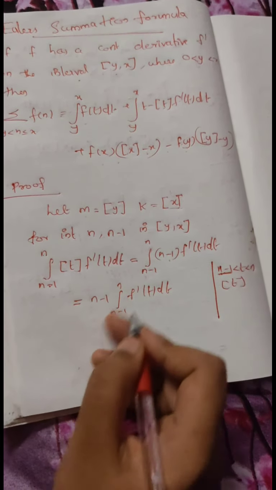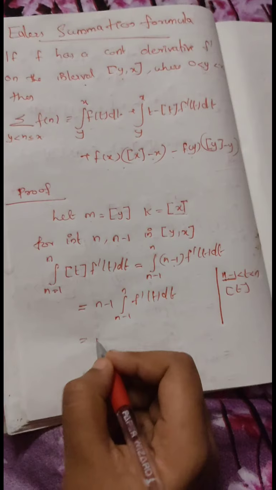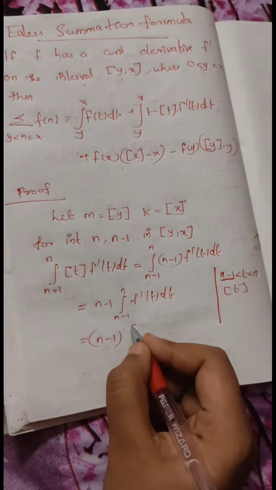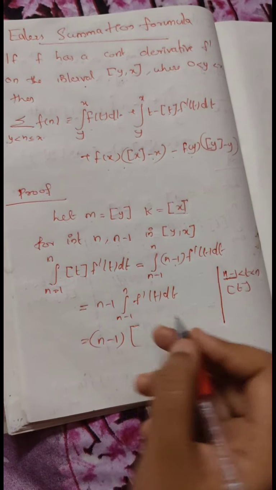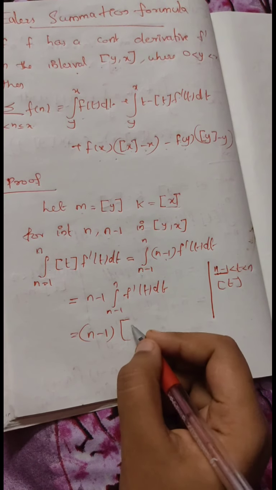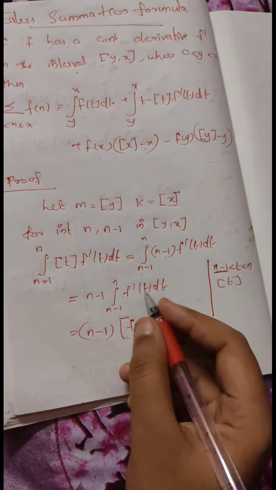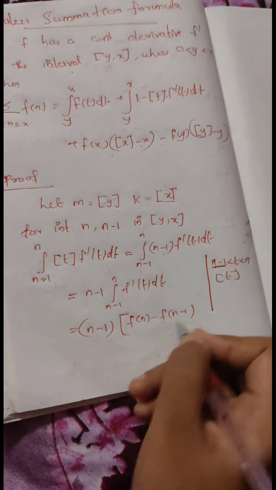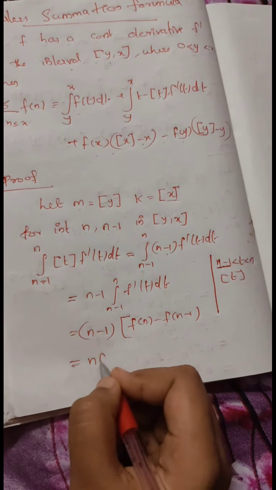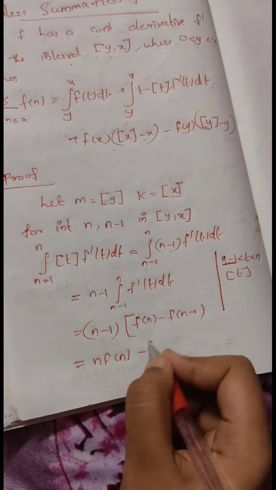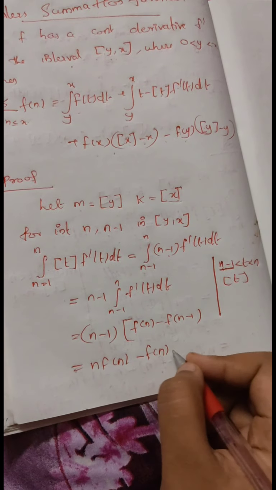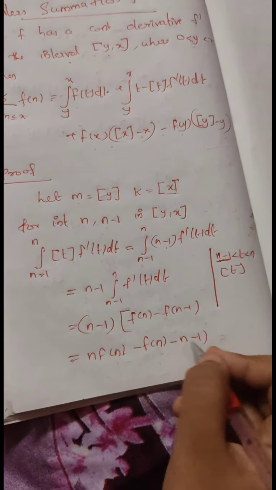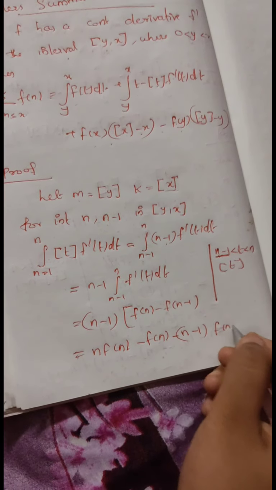So here we integrate the derivative, and we get (n minus 1) times, taking the values, f(t) evaluated from n minus 1 to n, so f(n) minus f(n minus 1), which is equal to (n minus 1) f(n) minus (n minus 1) f(n minus 1).